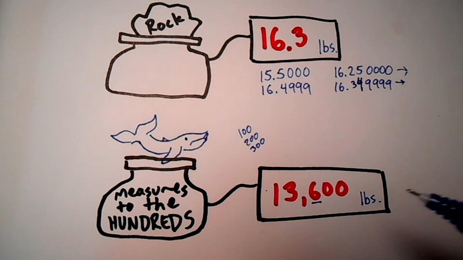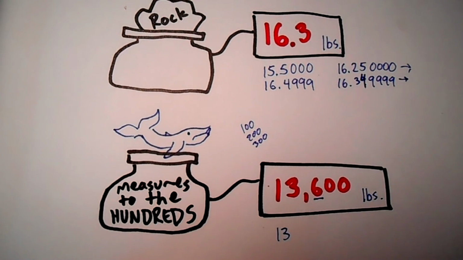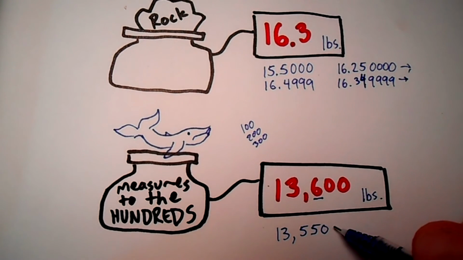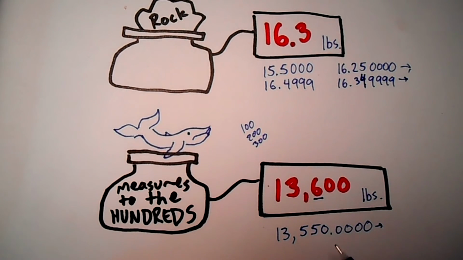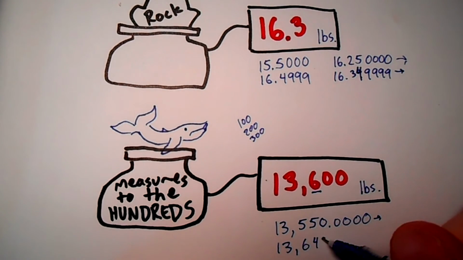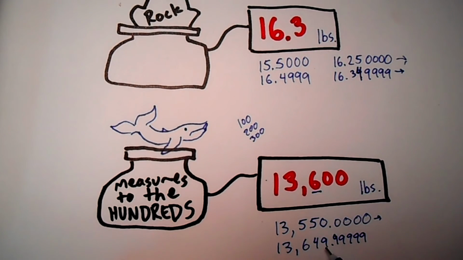So this 6 here is the one that we have some uncertainty with. It could be that our whale is 13,550 pounds. That could be true. It could also be that our whale was 13,649 pounds. Could even have lots of 9s after that. So it almost tipped the scales to make it the 50 and round that up, but it didn't. So it reported it as 13,600.